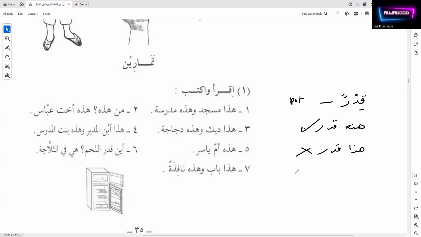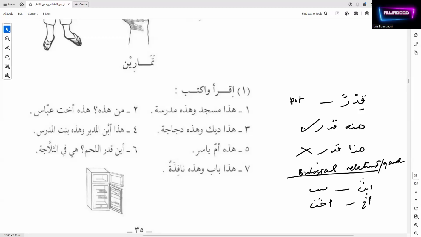And then we also have what we call biological relation, or biological gender. Ibnun, bintun, akhun, ukhtun.